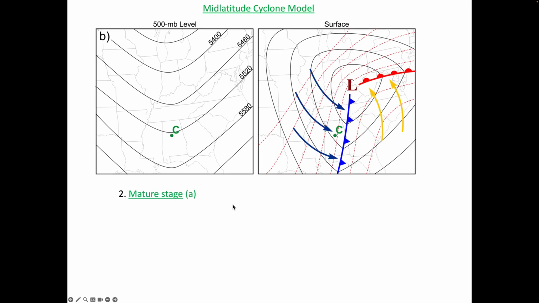Moving on, if we talk about the mature stage, I have mature stage A and mature stage B, because the book doesn't really distinguish between these next two sets of figures. So this is kind of early mature stage. Here's Birmingham still.